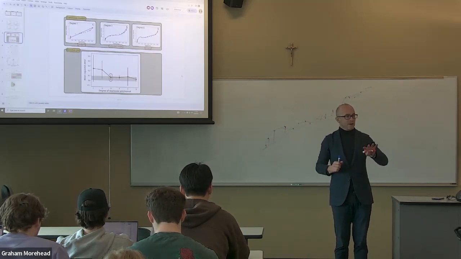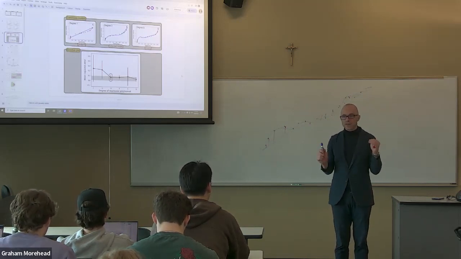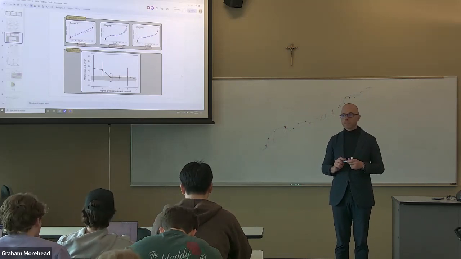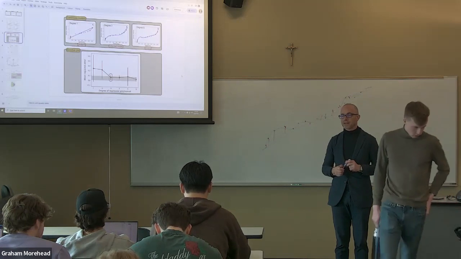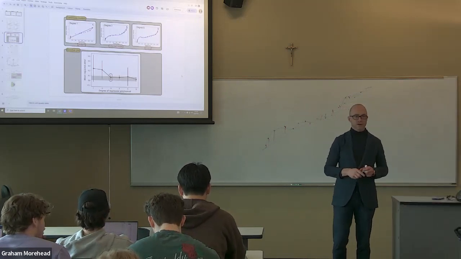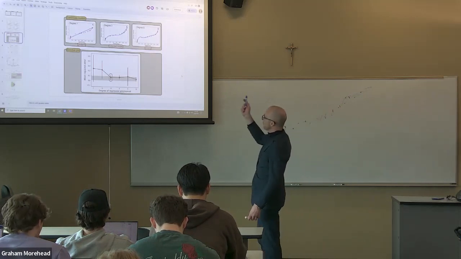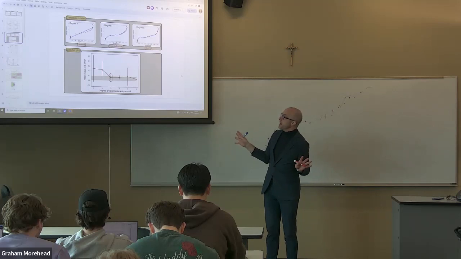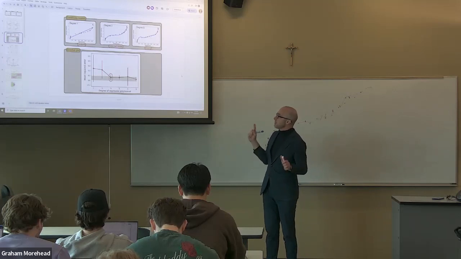And if you remember, if you go high enough, you can always find something that will fit them perfectly. But that's not good, because you don't actually want to fit it perfectly. You'll be overfitting.